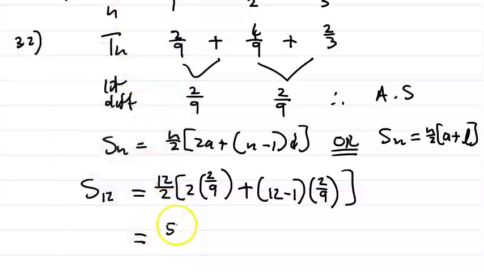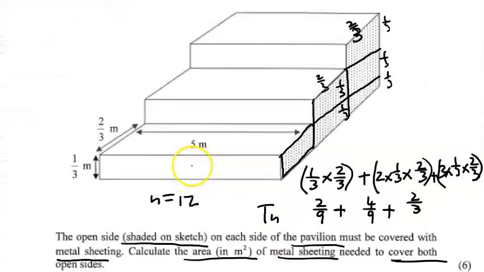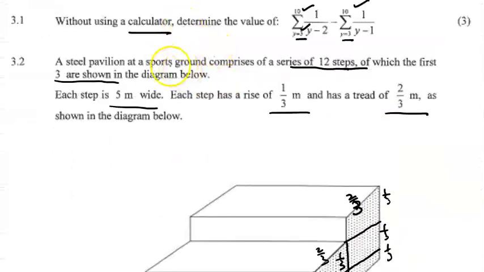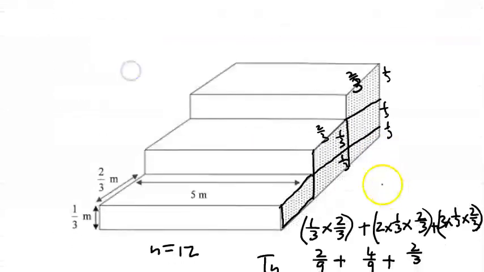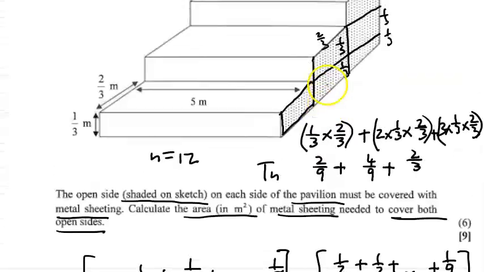So 52 over 3. So what can we conclude? That the area of one side of this pavilion will be 52 over 3 meters squared. But they want us to find the area of both sides.